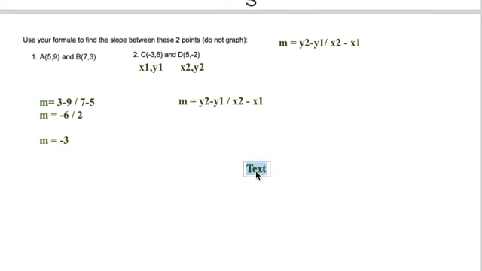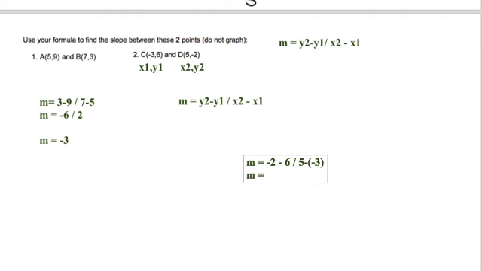So m equals y2, which is -2, minus y1, which is 6, over our x2 spot, which is 5, minus our x1 spot, which is -3.